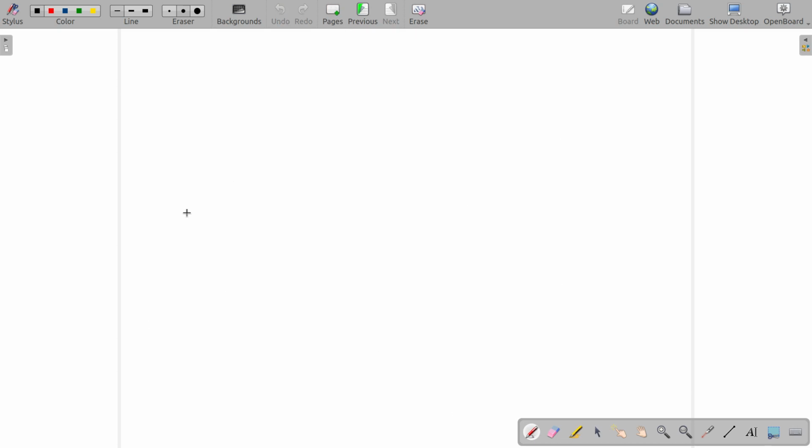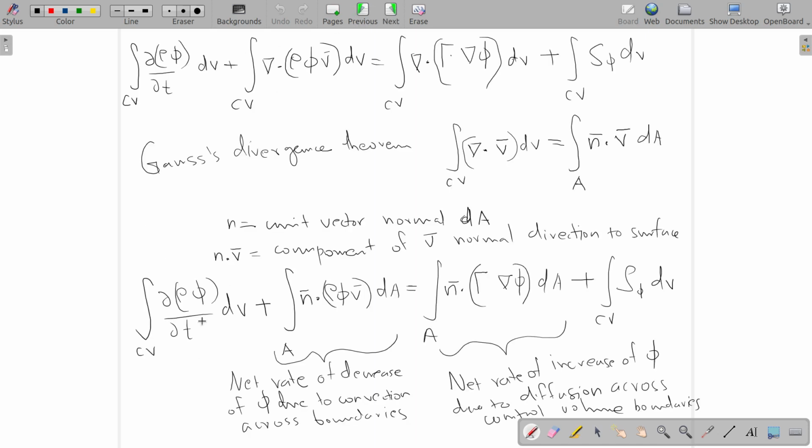So let's also write down a simplified form of the equation. If we have a steady state problem, time dependent terms can be neglected, and we can write a simplified form, where the time dependent term, the first term, will be gone.